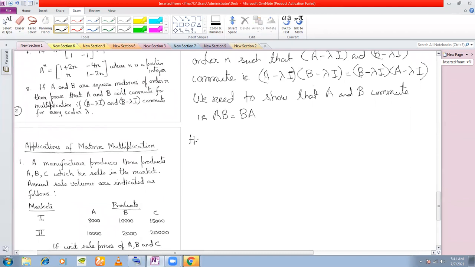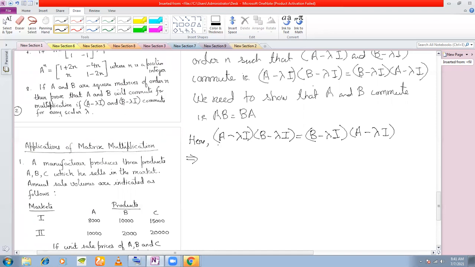Here, A minus lambda I into B minus lambda I is equal to B minus lambda I into A minus lambda I. Multiply.